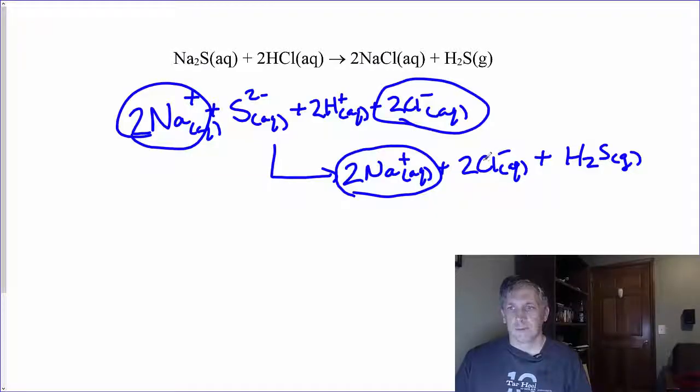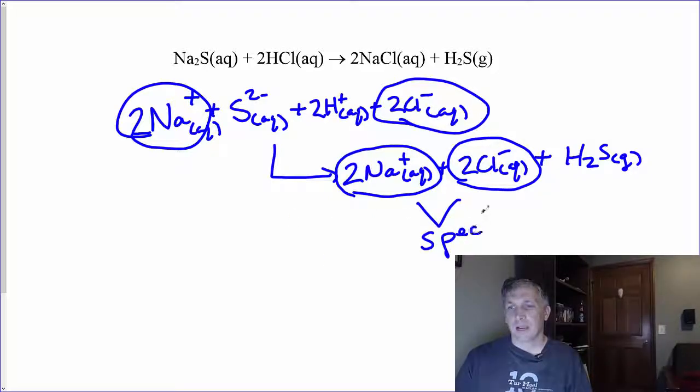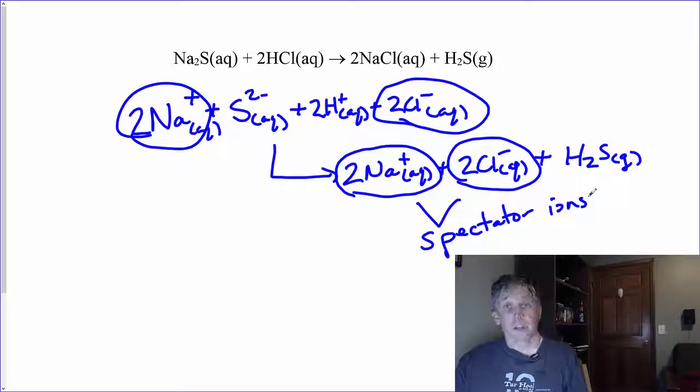Same thing with chloride ion. Chloride, aqueous phase on the left, aqueous phase on the right. So these are what we call spectator ions. And spectator ions are just ions that don't do anything during the reaction. They don't undergo any chemical change. They were ions floating around to begin with, and there's still ions floating around after the reaction's done.